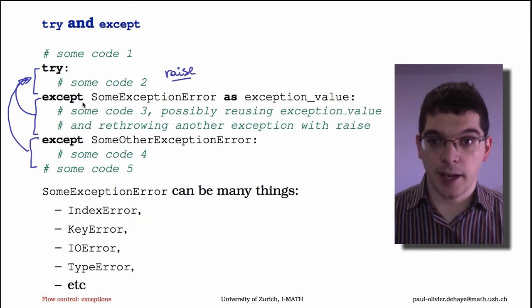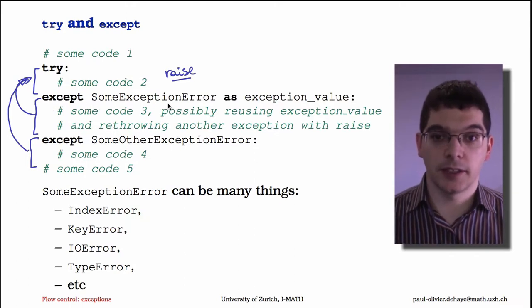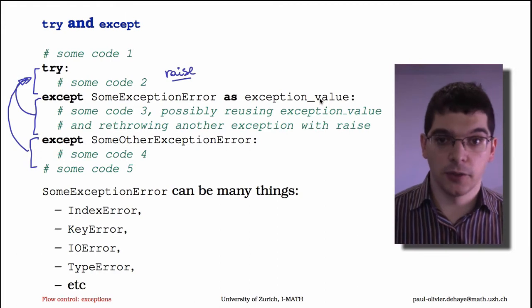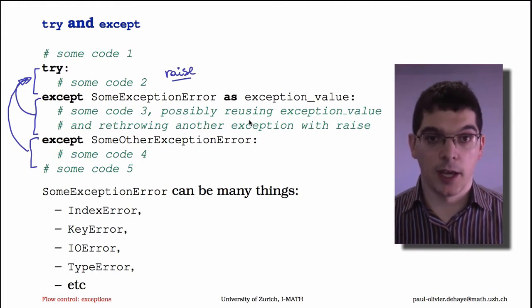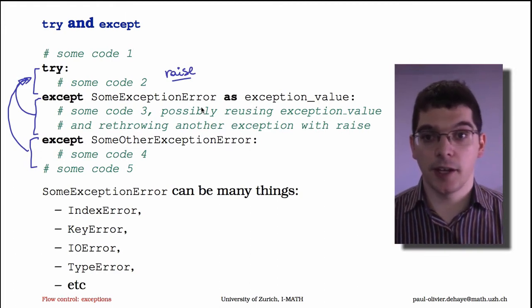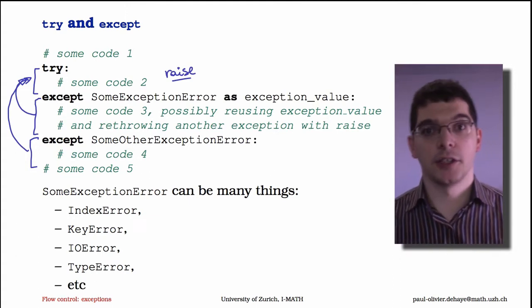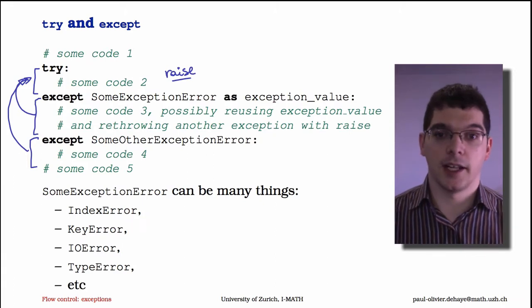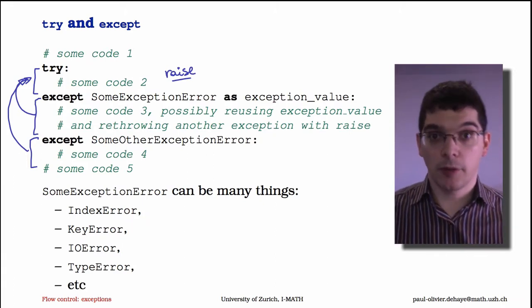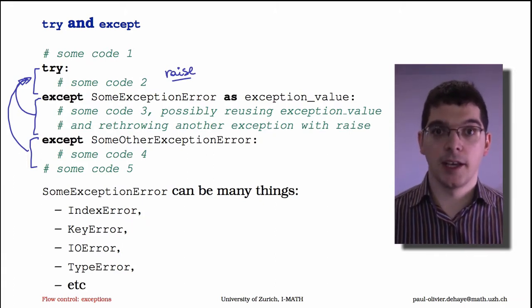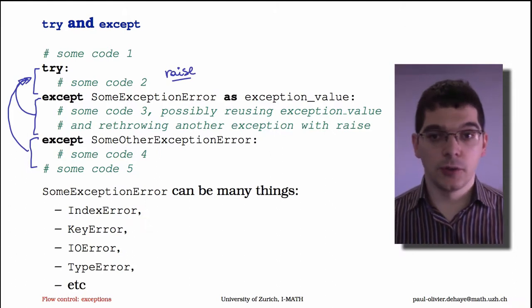So we'll say except, well, if it's an error of this type, and we assign it this value, then do this and that, based on exception value and on the type. So you can do different things like print on the screen, please enter an integer and not a string, or things like that. Or you can decide to rethrow an exception, again using raise, but a slightly different one, or do different things like this.